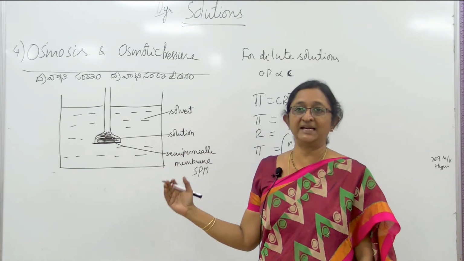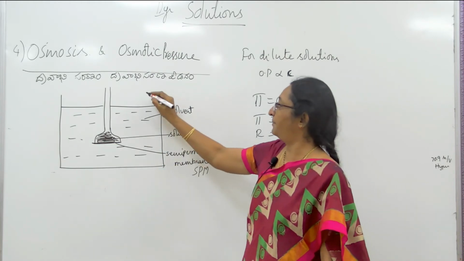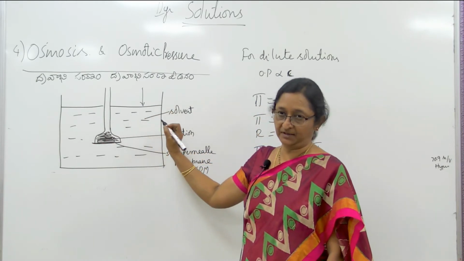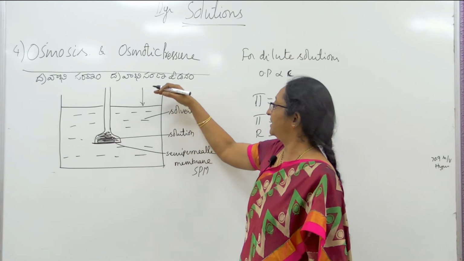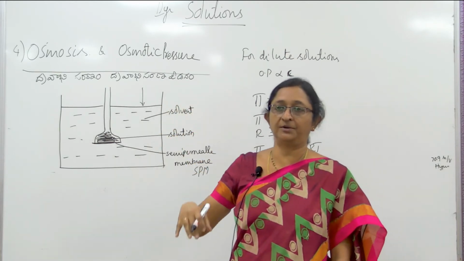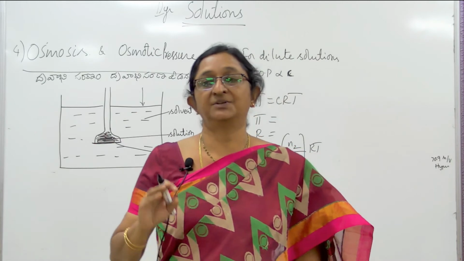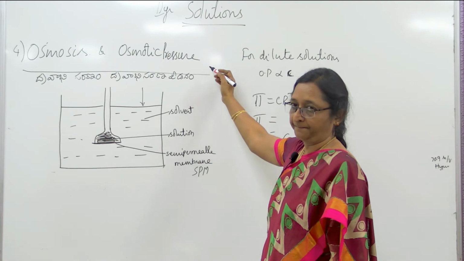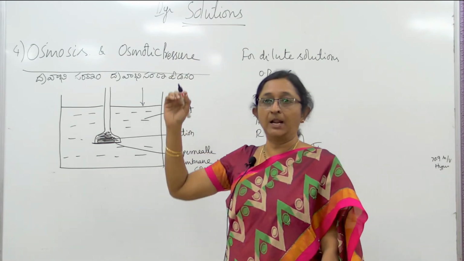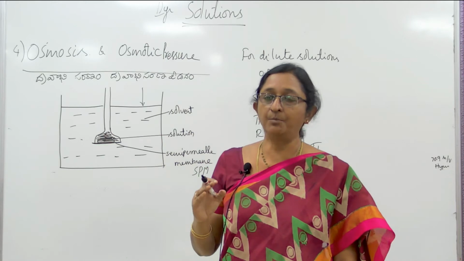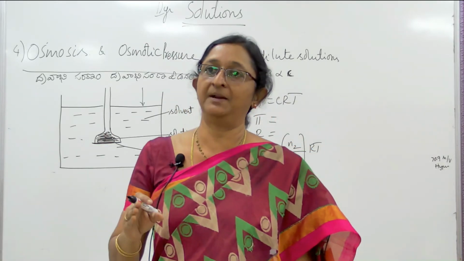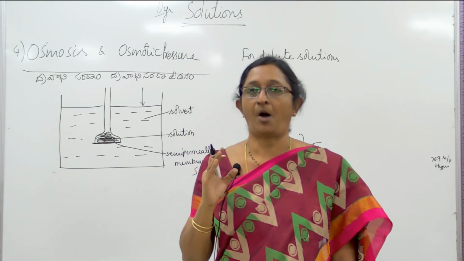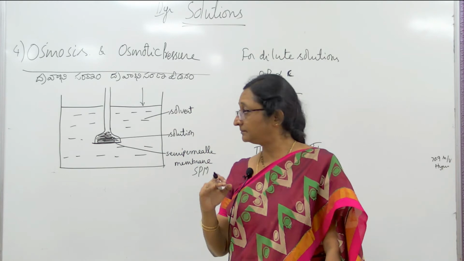So here the movement of the molecules from the lower concentration to the higher concentration only will be taking place. Or we can say that from the dilute solution to the concentrated solution, the molecules will move, and this is called osmosis. Why is this osmosis phenomenon taking place? There is a certain pressure acting on the surface of this solution, making the solvent molecules pass into the solution.